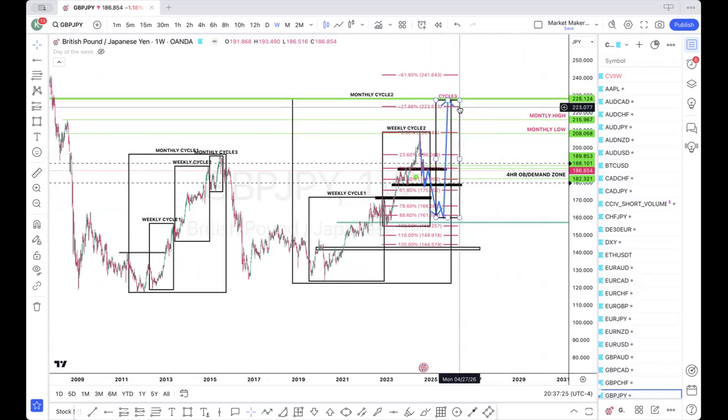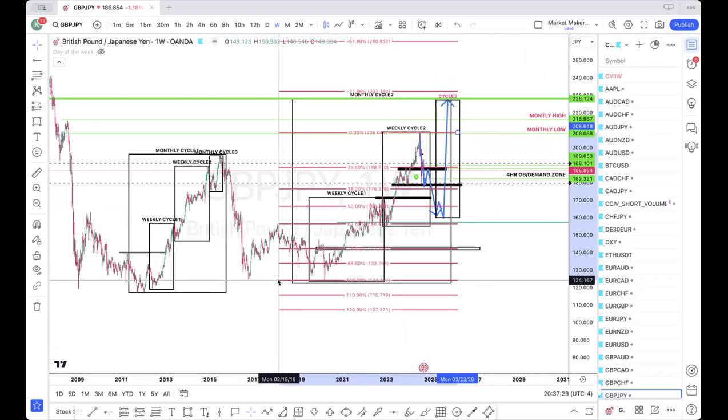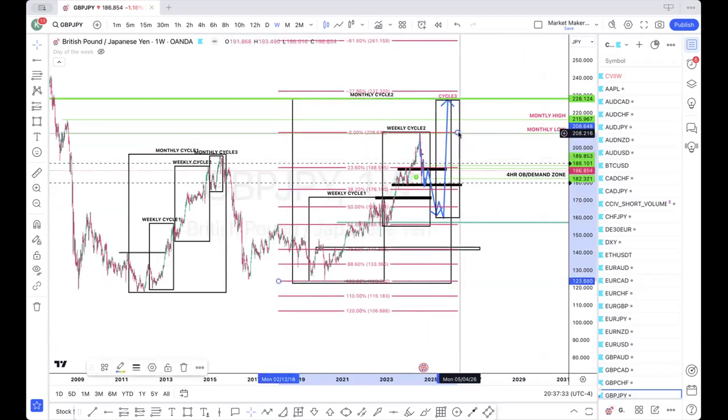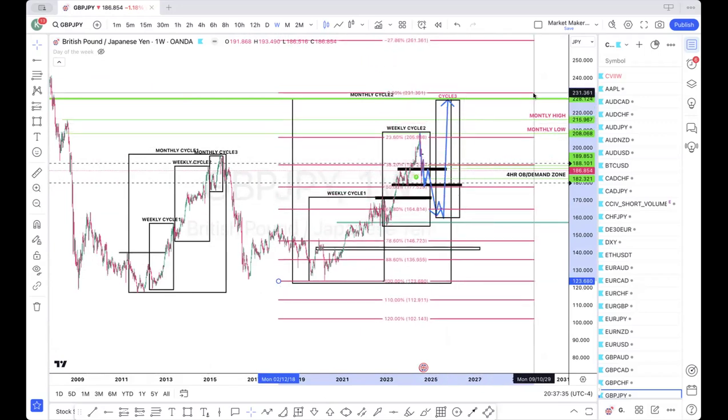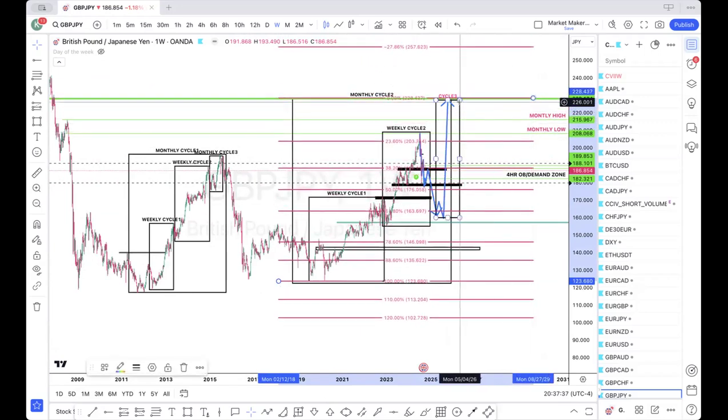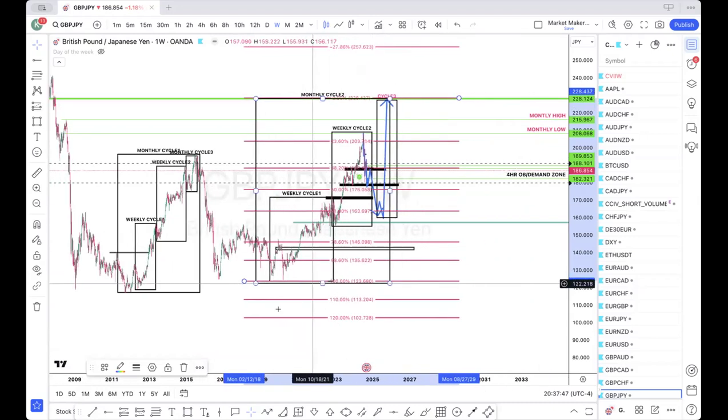Once this third cycle completes, then we can fib the whole move, okay? From this low to this high for the move down to this 78 for the third monthly cycle.